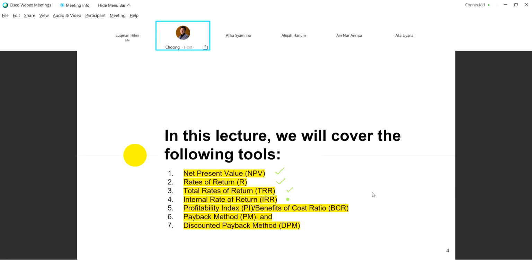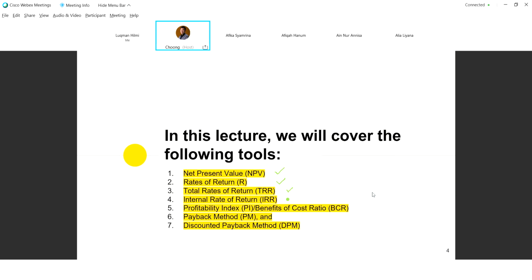Sometimes we calculate more than one indicator, both NPV together with rate of return. Sometimes TRR is not that popular. Not many feasibility studies calculate TRR. Seldom do people calculate TRR. They usually like to calculate the IRR, which we're going to learn in the next class.